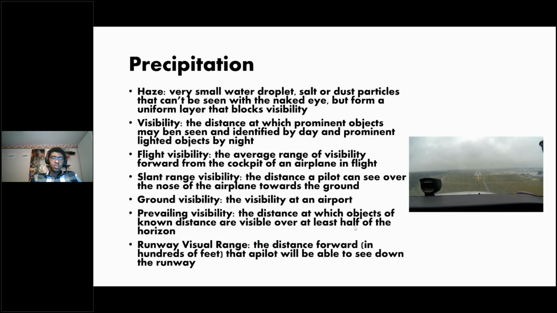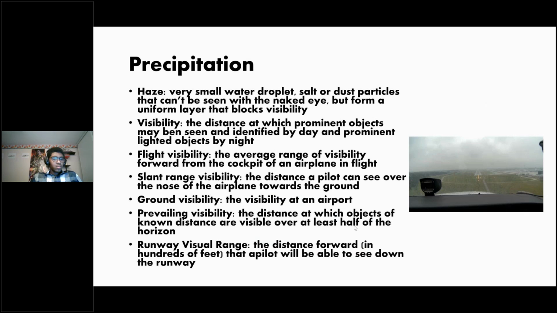Prevailing visibility is, so right, let's say you're standing somewhere and you look around in all directions. There might be more visibility in one direction and less in another direction. Prevailing visibility is the average visibility for over half of what you're looking at, so half of the horizon.